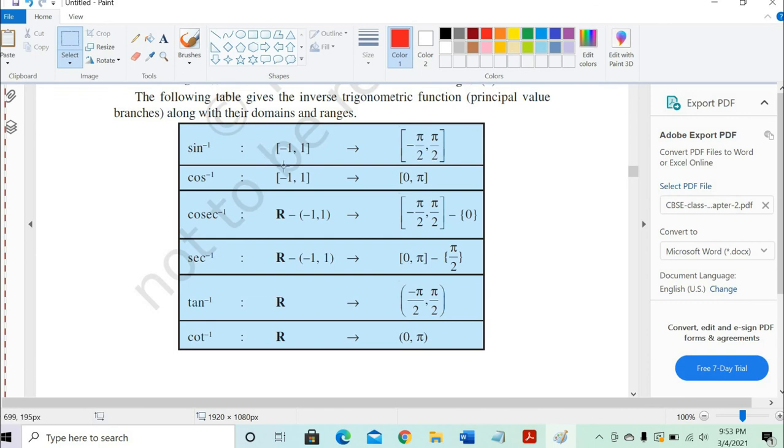We have put it in the square bracket. Can you see the square bracket? So -1 is also included and 1 is also included. And the range becomes -π/2 to π/2.